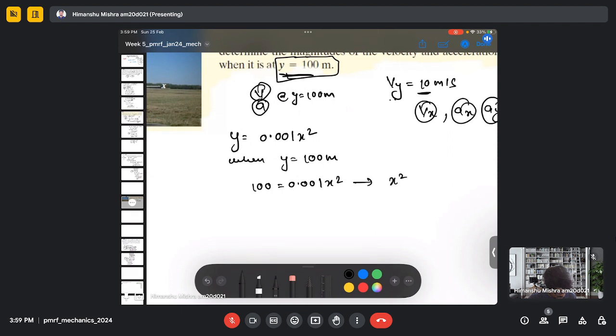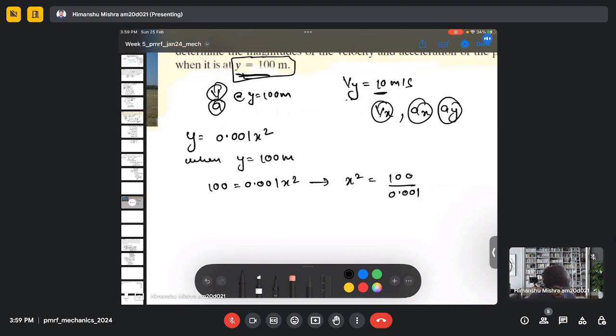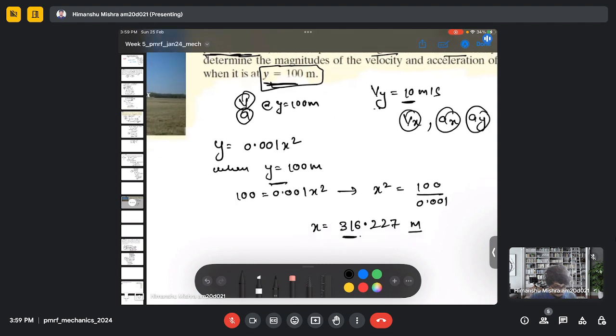So it will be x squared equals 100 divided by 0.001. So my x will be 316.227 meter. So by the time the plane reaches y equals 100 meter, its horizontal distance will become 316.2 meter from the origin.